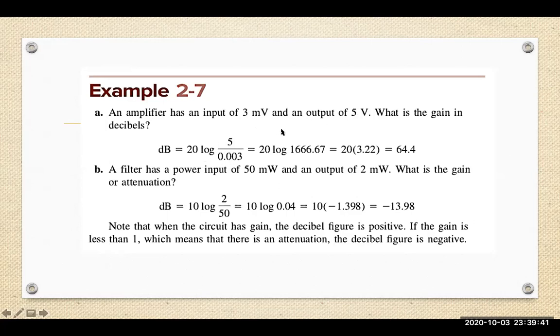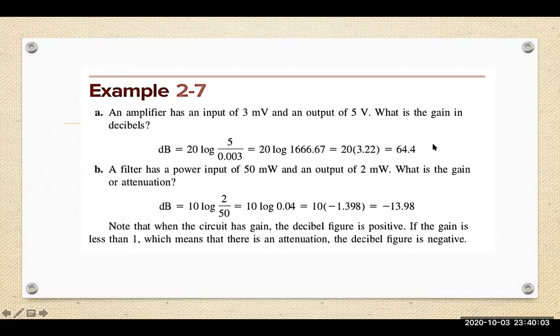So V out is 5 volts, and you express the input in volts, so it's 0.003 or 3 times 10 raised to minus 3 volts. So log of this ratio times 20 is equal to the gain in decibels, 64.4 decibels.